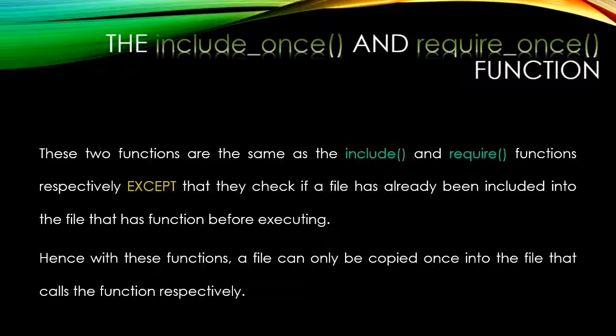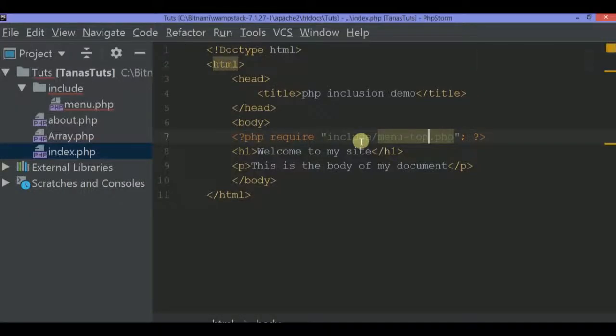That is to say, if you have included the menu.php file into another PHP file before, and then you go further at the bottom of the script to include the same menu.php file again, the second inclusion is not going to be executed, because the function says it should include just only once.